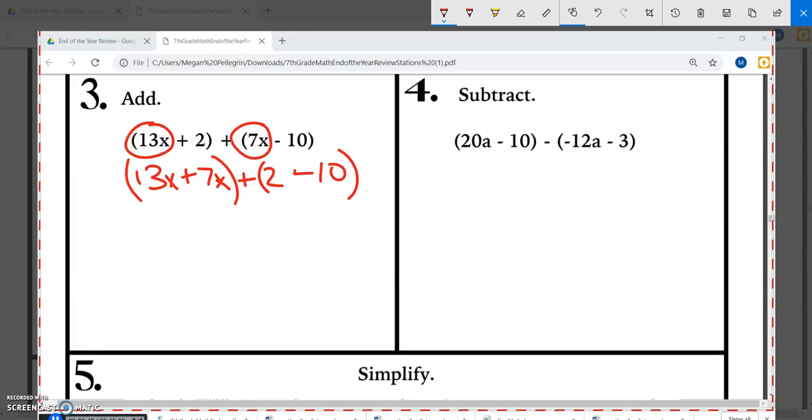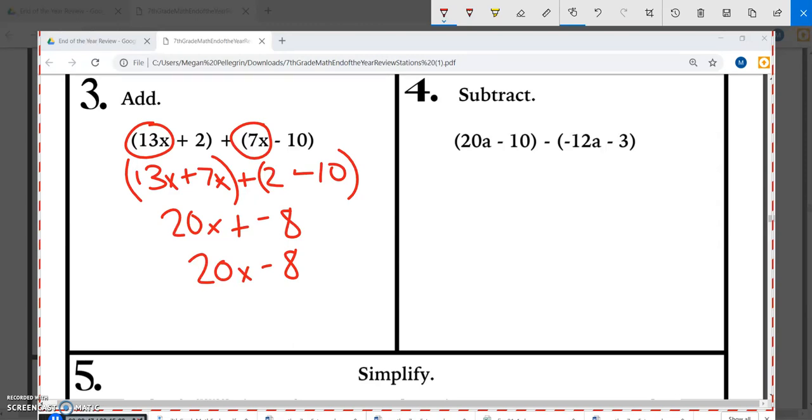So 13 plus 7 gives me 20x, and then 2 minus 10 is a -8. So this would actually be 20x minus 8 as my answer there.